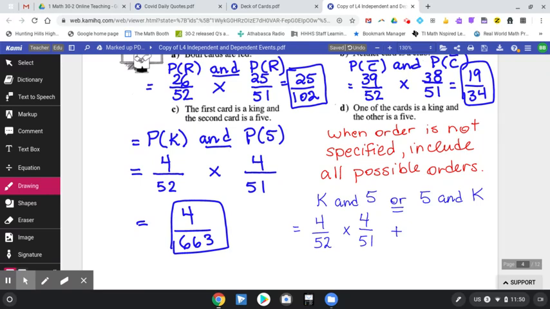This is not drawing a third card. This is a new scenario, and we're saying on our first draw, what is the probability of drawing a 5? So 52 possible outcomes. 4 out of 52 are 5s, and means multiply. And when we go to draw our second card, there's 51 possible outcomes, and 4 of those are kings.